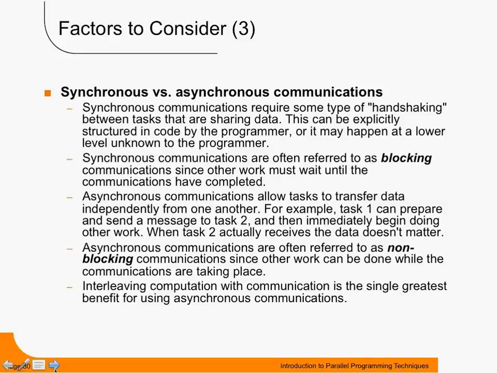Synchronous communication: after a certain calculation, you have to wait to get the answer from the other process. But with asynchronous communication, if your problem is suitable, you don't have to wait, and that way it can run a bit faster than synchronous communication, because asynchronous communication doesn't depend on the other process receiving the data.